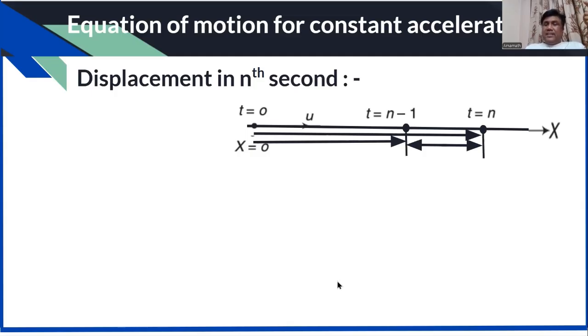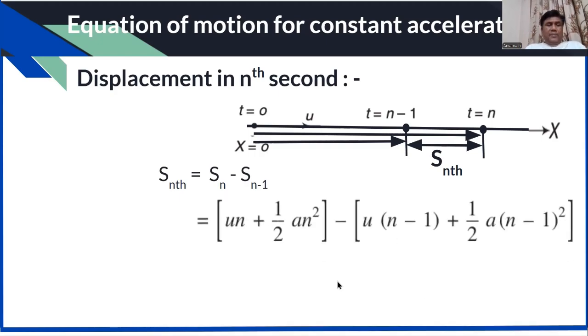This is the displacement in the nth second. So we are going to derive a formula for that gap. What is the nth second? It is nothing but the displacement in n seconds minus the displacement in n minus 1 seconds. It means the formula is simple, ut plus half at square. In place of t, you have to put n, and in the second case, in place of t, you have to put n minus 1. Nothing else.